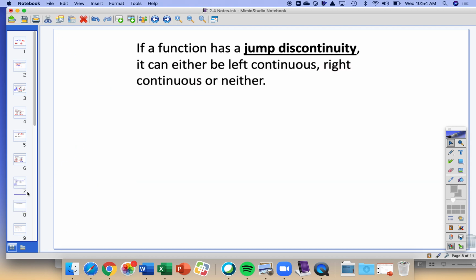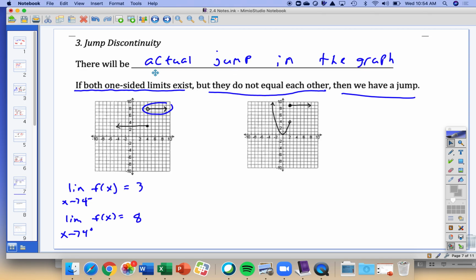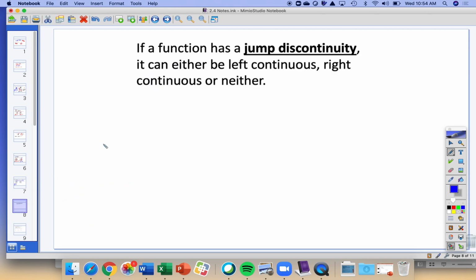When you have a jump discontinuity, we have this thing called left continuous, right continuous, or neither. So this only occurs if a function has a jump discontinuity. So if a function has a jump discontinuity, then we can define the continuity as left or right continuous or neither.